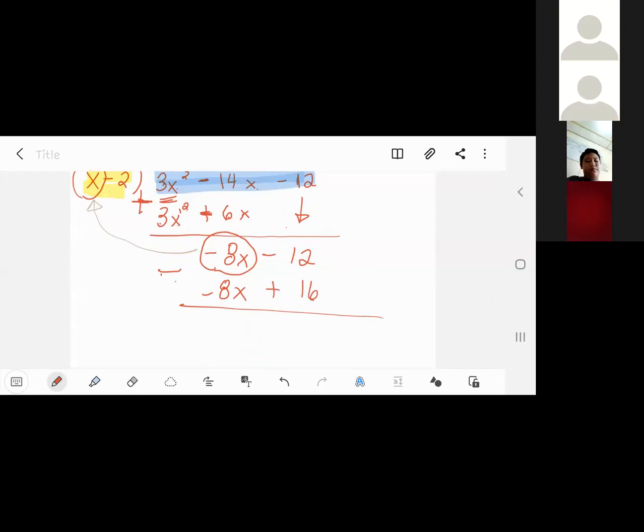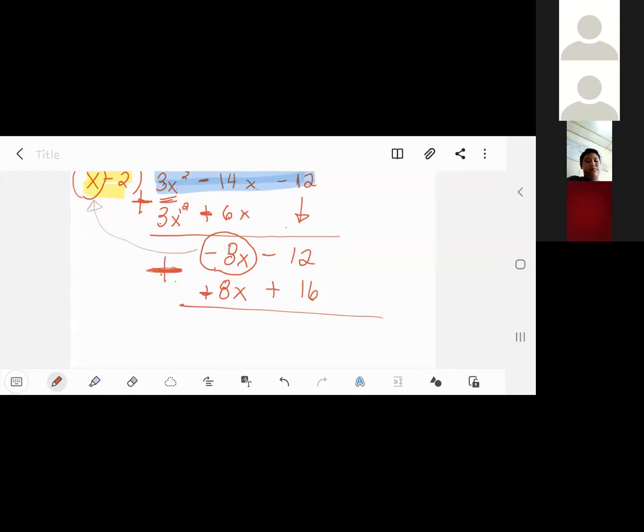When you subtract algebraic terms, you have to change this to addition, and then change the sign to its opposite. So it becomes positive 8.